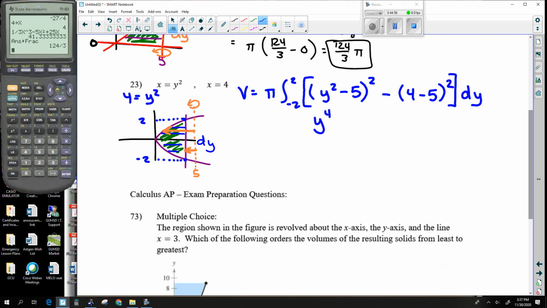All right, this is y to the 4th minus 10 y squared plus 25, and this is going to be minus 1, so this is going to be a plus 24.